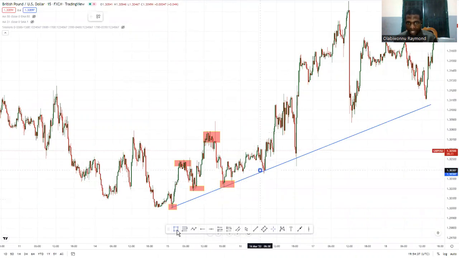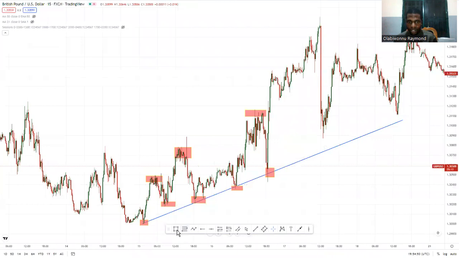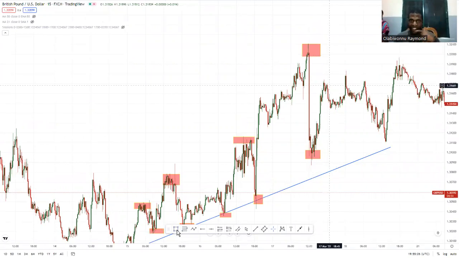This is our higher high. This is our higher low. Sorry, this is our higher low. This is our higher high in the market.